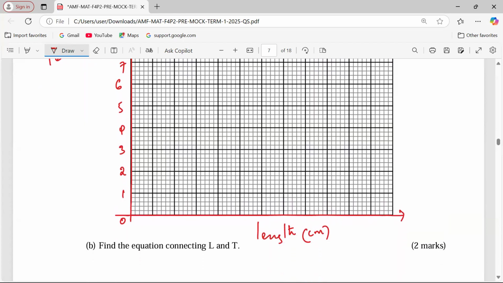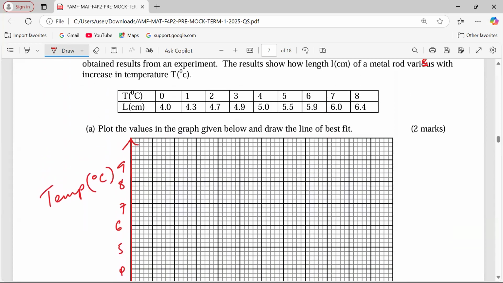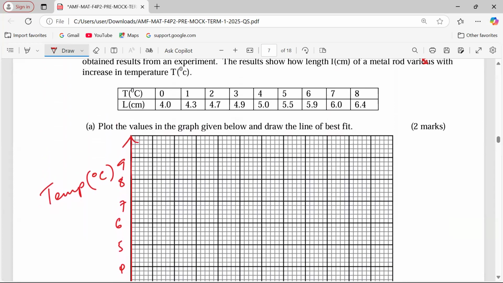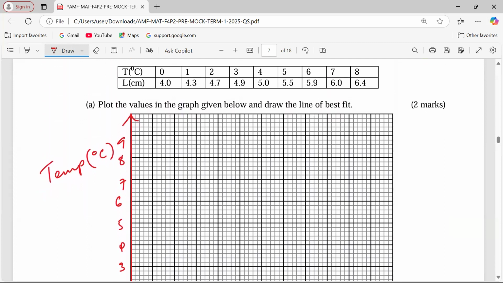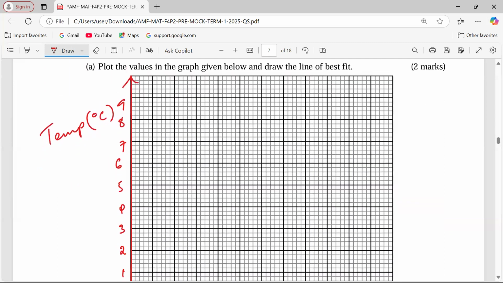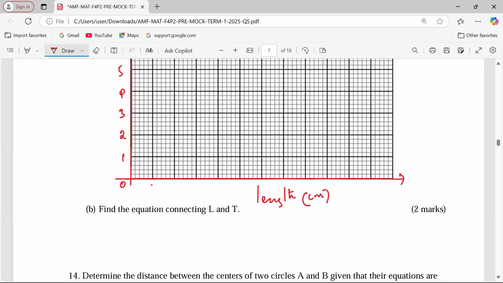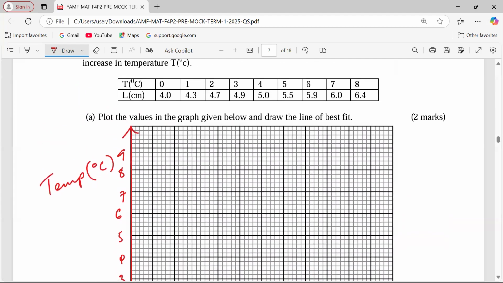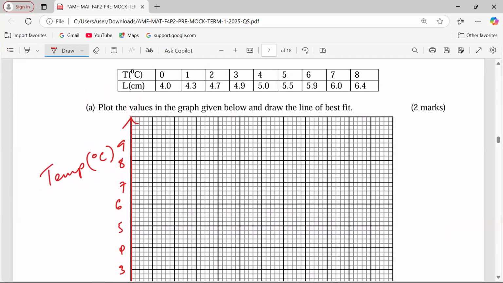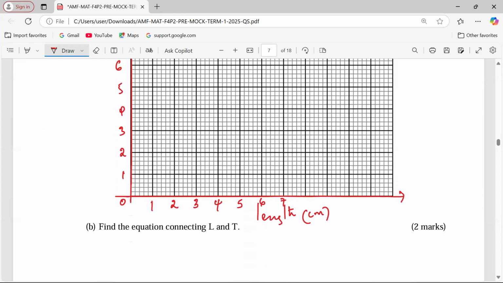Then the length is running from 4 all the way to 6, so I can use intervals of 1 again: 1, 2, 3, 4, 5, 6, 7. Let's reach there. Then we start plotting now. 4 against 0.